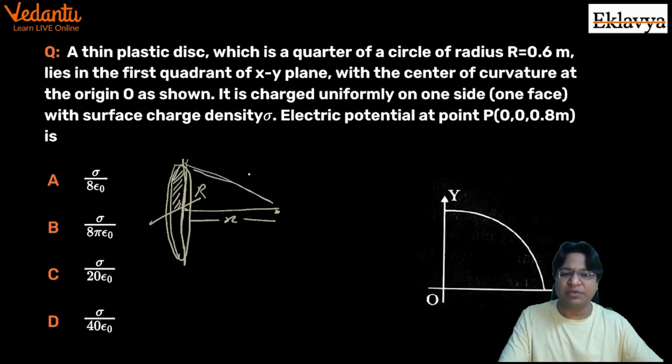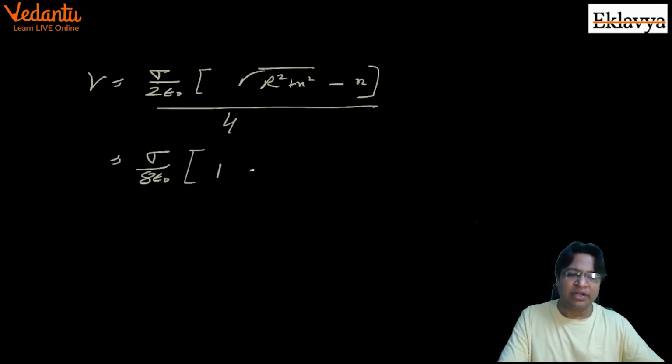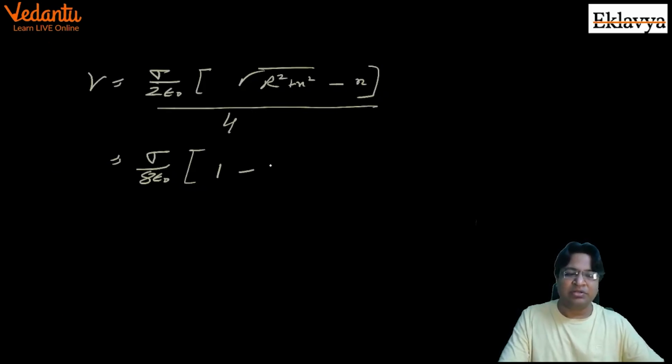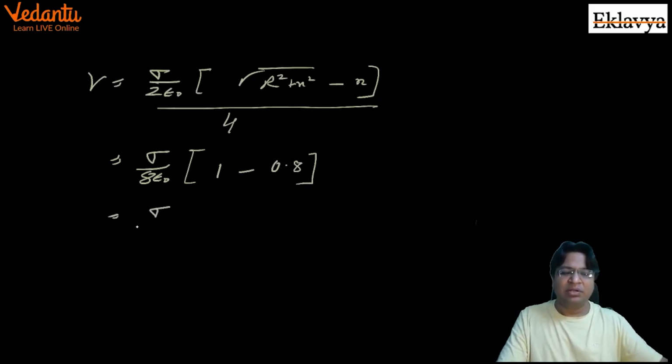The radius is 0.6, this is 0.8, so this distance is going to be 1 meter. So I can write 1 here minus x, where x is 0.8. So 1 minus 0.8. So this will become sigma by 8 epsilon naught into 0.2.